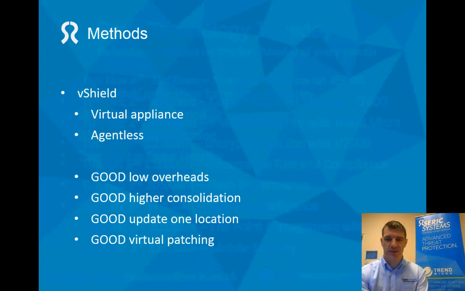And then if you think about the overheads on the virtual machine, maybe you've got a 30 meg overhead for running this agent. 200 of them is 6 gig. So 6 gig could be put back into your pool for virtual machines. That's why we're saying that vShield provides better performance, lower overheads, etc.